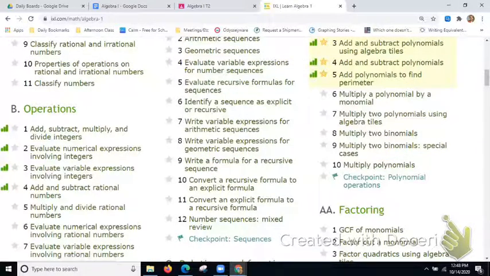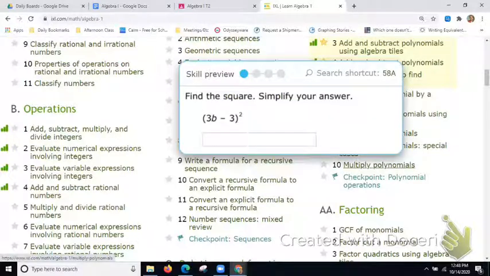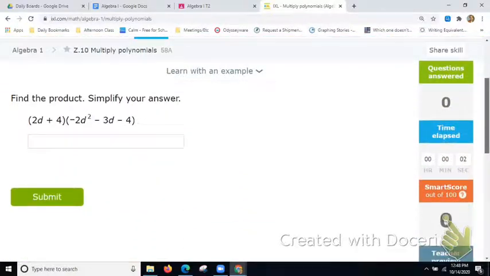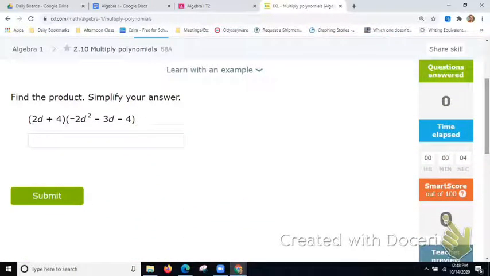And then down here where it says multiply polynomials in Z10, now you see the ones where you have 2 on the outside and 3, so we have a binomial times a trinomial.